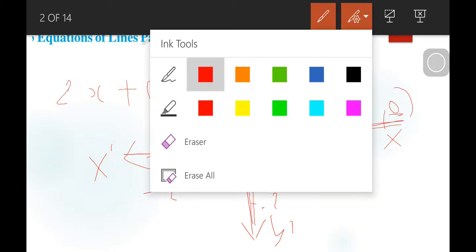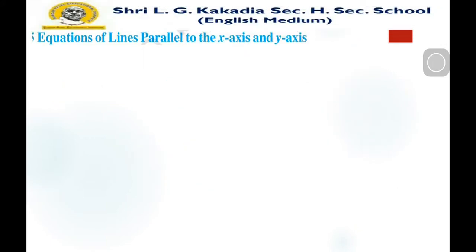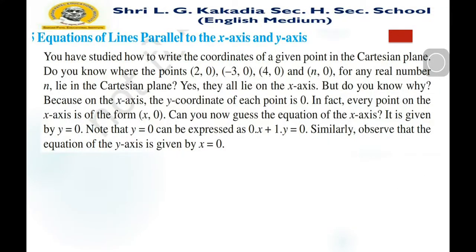You have studied how to write the coordinates of given points in the Cartesian plane. Do you know where the points 2, 0 and minus 3, 0, 4, 0 and n, 0 lie?